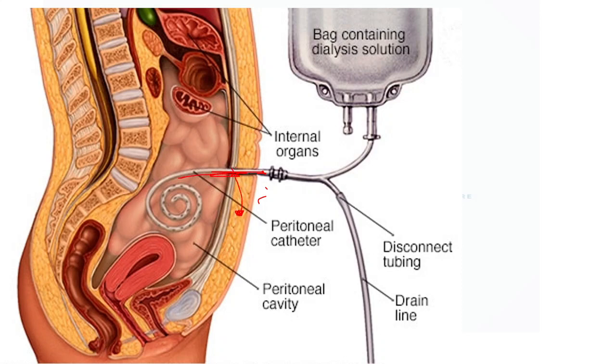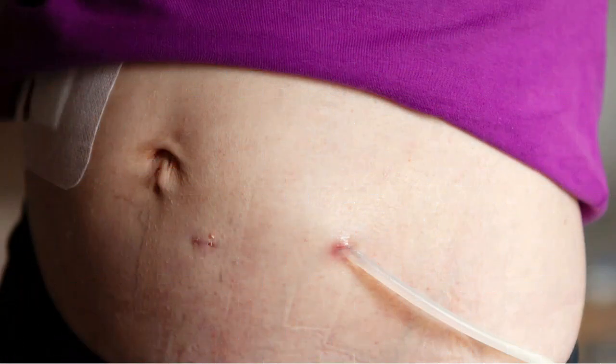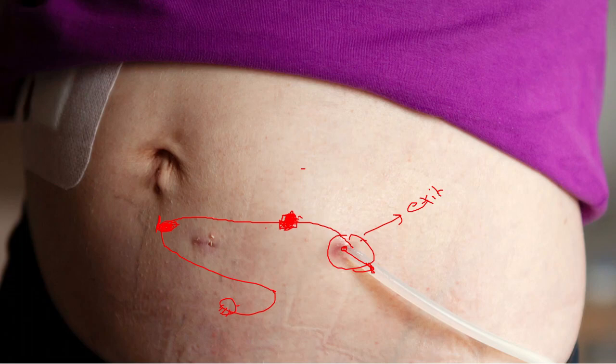There will be a cuff inside. Here there are multiple holes where the peritoneal fluid goes, and there is the peritoneal exchange between the peritoneal capillaries and the peritoneal fluid. The peritoneal dialysis occurs. So here they have mentioned regarding the peritoneal dialysis catheter, where are the cuffs, what is the use of the cuff.